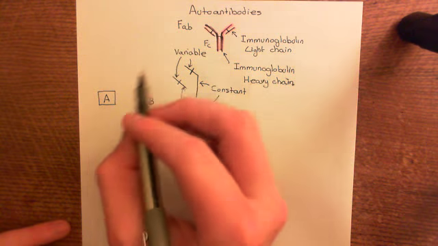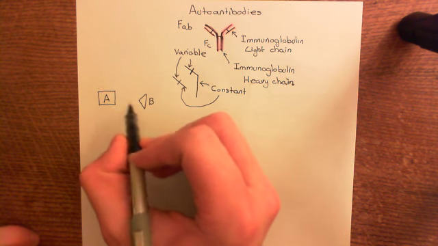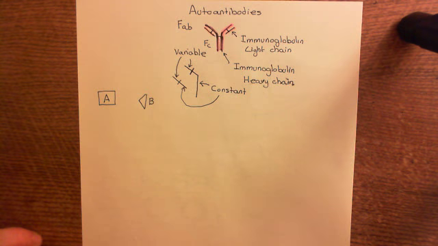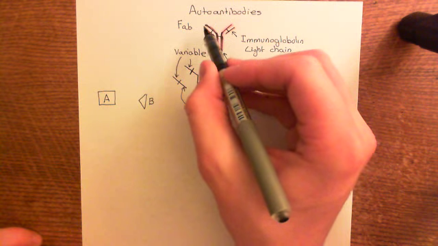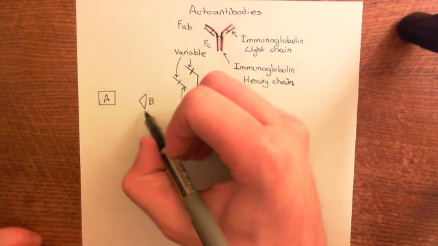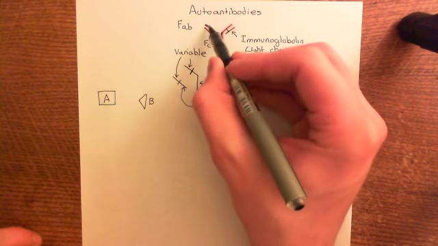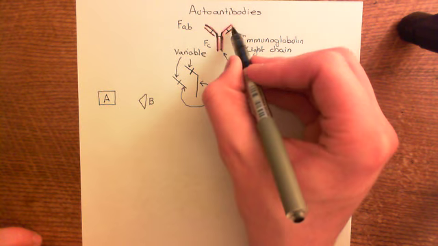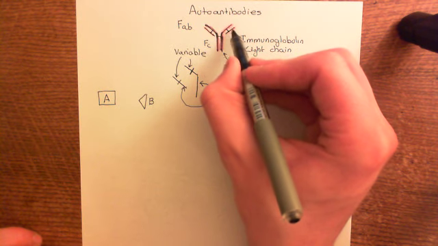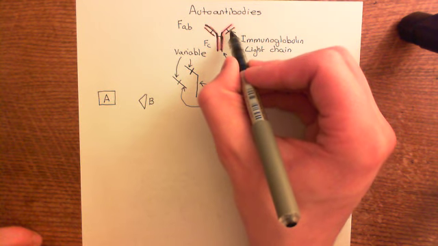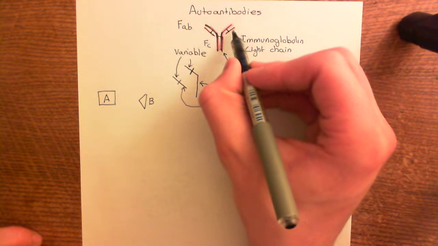You can produce antibodies which will bind to protein A and antibodies which will bind to protein B. These are going to have totally different binding sites for the antigen. And it is this portion up here which binds to the antigen, so you have two antigen binding sites. An antigen is just any protein which can have an antibody made against it.